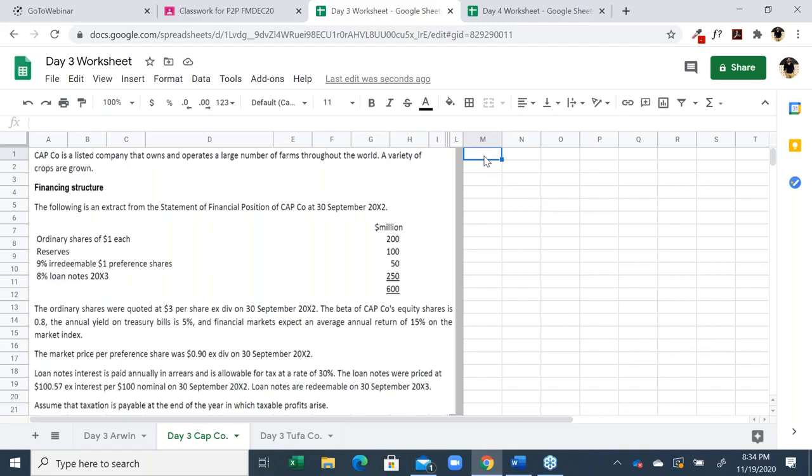Okay, can you people just tell me the figures that we calculated in previous session about cost of equity first? It was 13%. Okay.